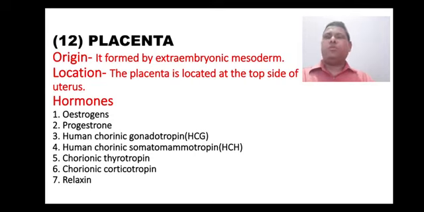Number 2, HCG, human chorionic gonadotropins, stimulates progesterone release from the corpus luteum and maintains it. Presence of human chorionic gonadotropin hormones in urine indicates the pregnancy. Number 3, HCS, human chorionic somatomammotropins, stimulates the growth of the mammary glands.